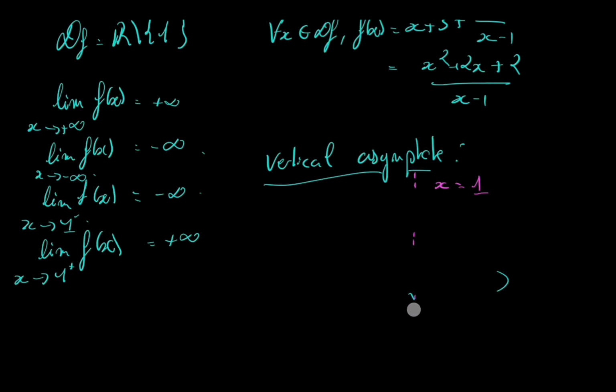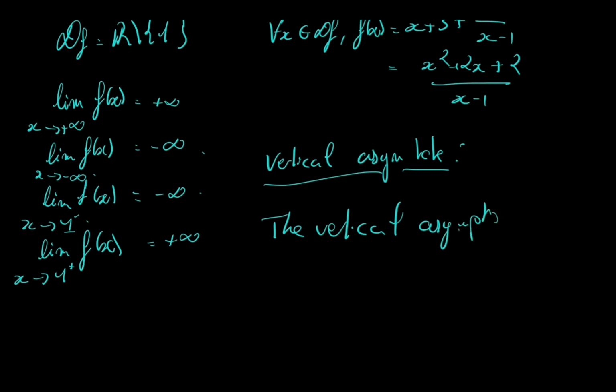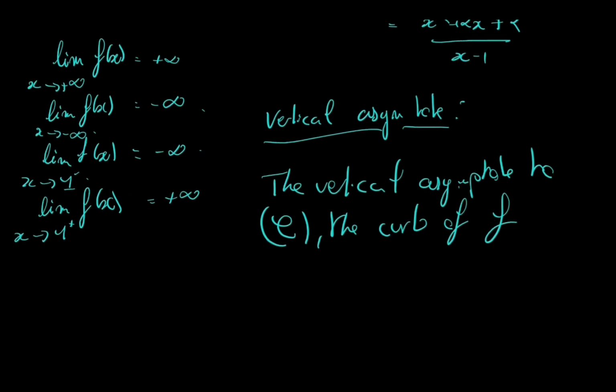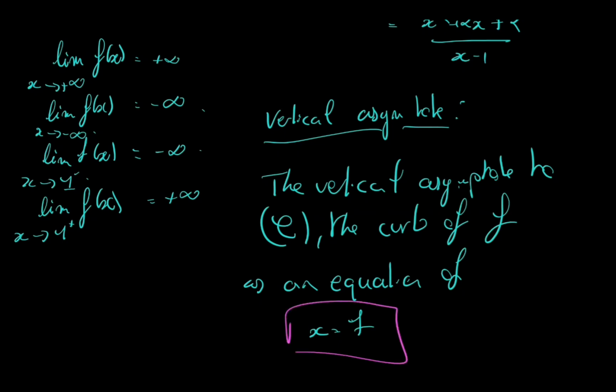And so our vertical asymptote to C, which is the curve of f, so the graph of f, has an equation of x is equal to 1. We have solved this part of the question.